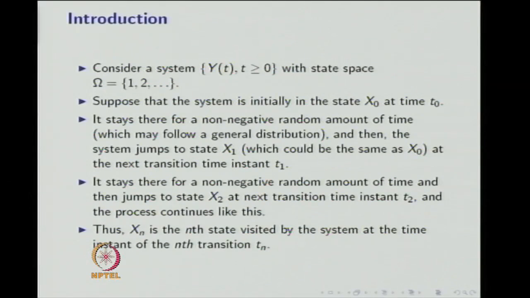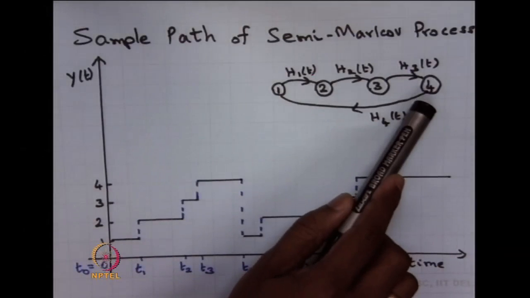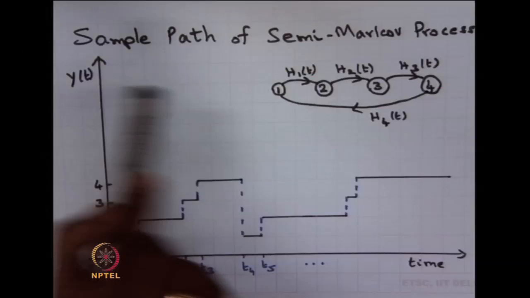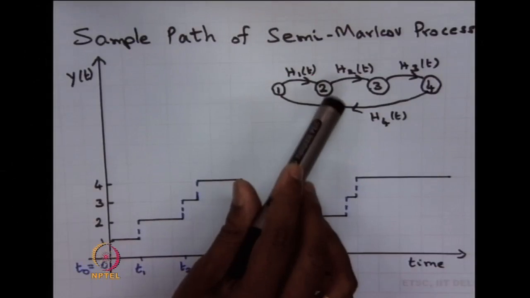So, in this sample path, T1, T2, T3, T4, T5 are the time instants, and the system is visiting the states. So, here it is a 4-state model. The omega is 1, 2, 3, 4. Therefore, the system keeps moving from one state to other states according to this state transition diagram.